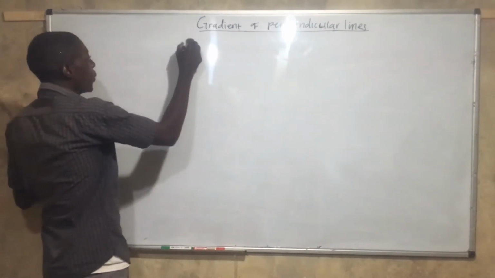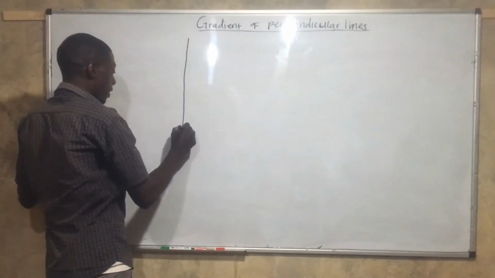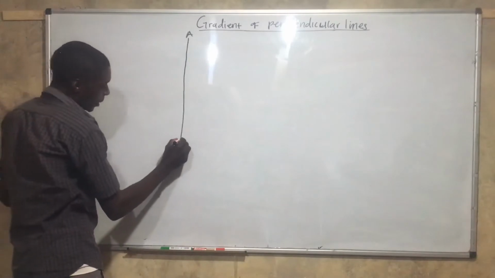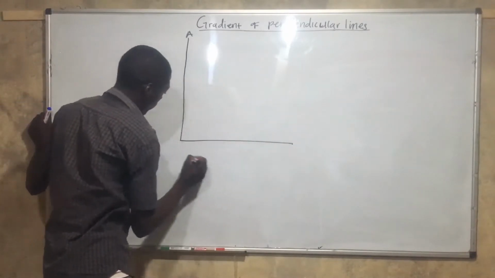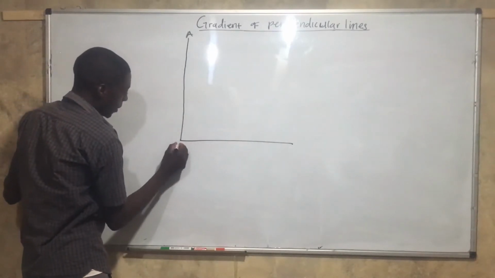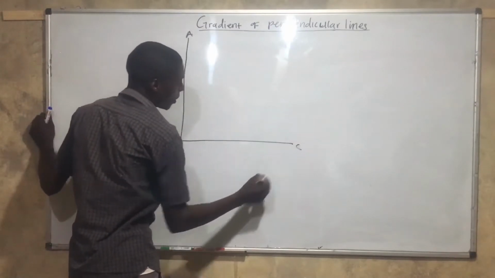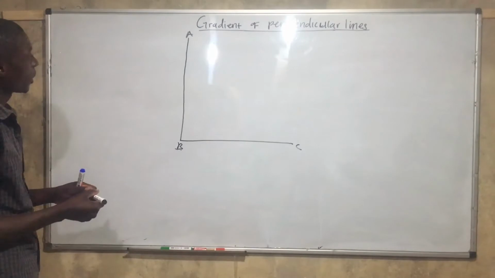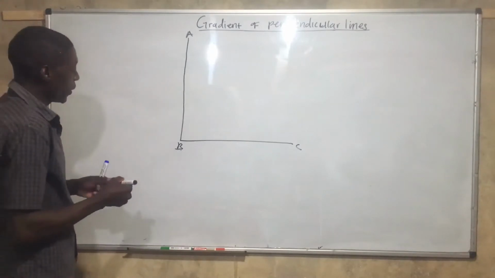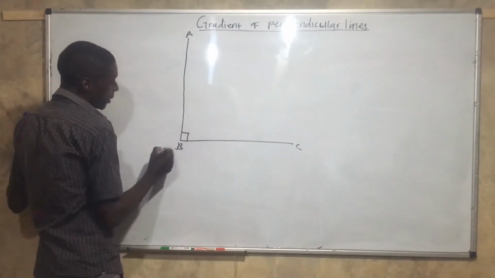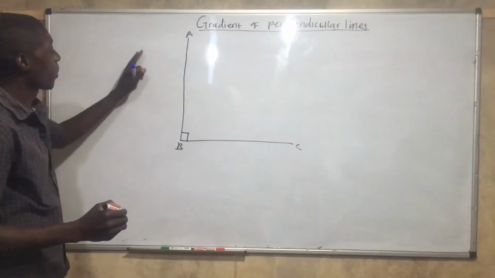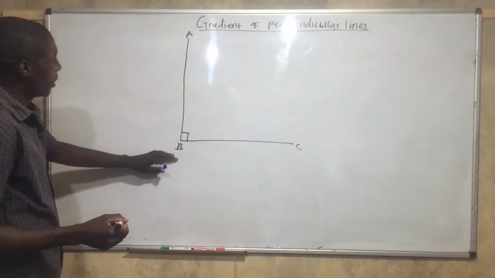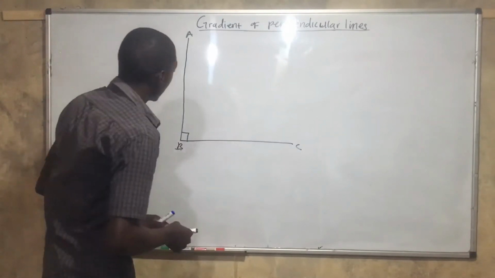For example, if we have this line as line A, and a line like that as B, then C there, and these two lines meet at 90 degrees like that, it means line AB and BC are perpendicular to each other.